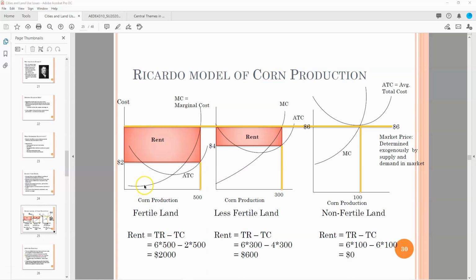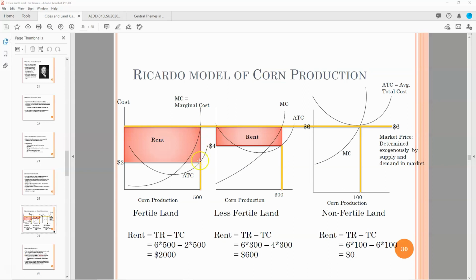optimal corn production. So for the first graph, here is 500, and the area under the market price is our total revenue. And when we connect the market equilibrium point and the equilibrium quantity, we connect those 2 points, and we have this vertical line.